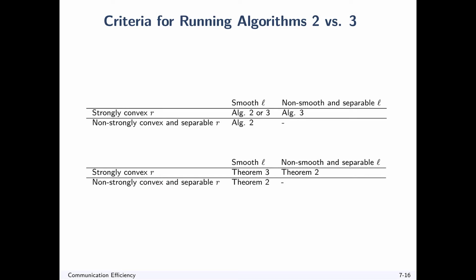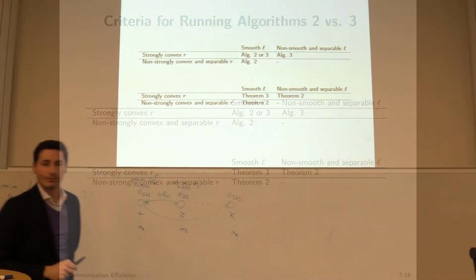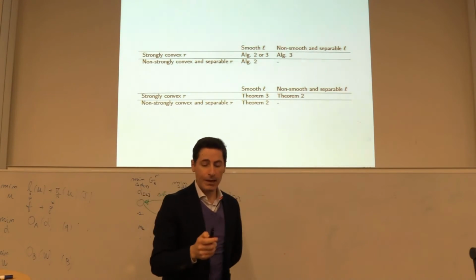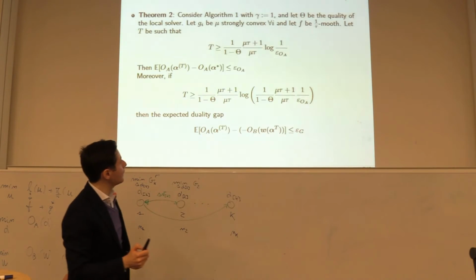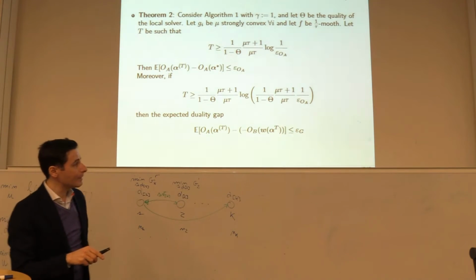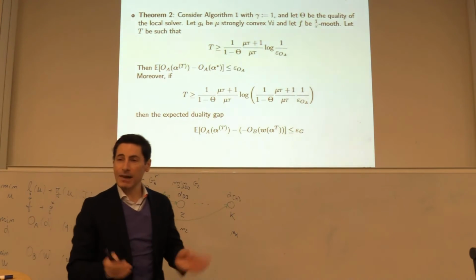Then, based on the properties of the function, the regularizer, and the loss here, that could be smooth, non-smooth and separable, or convex, or strongly convex and separable R, we can apply algorithm 2 or algorithm 3, and the convergence of those algorithms is ensured by theorem 2 or 3 that I very quickly mentioned before. And again, in the proof of these convergence properties, there is no major mathematical miracle.